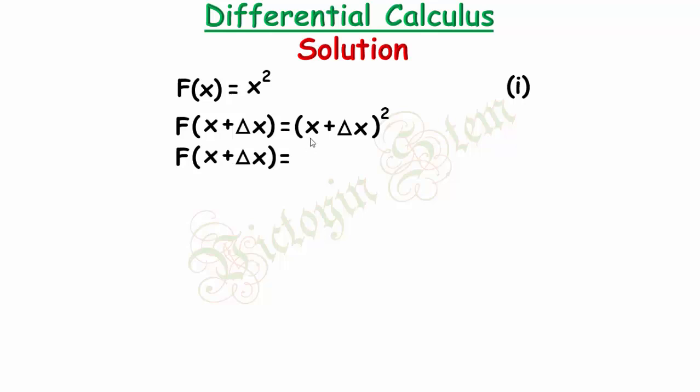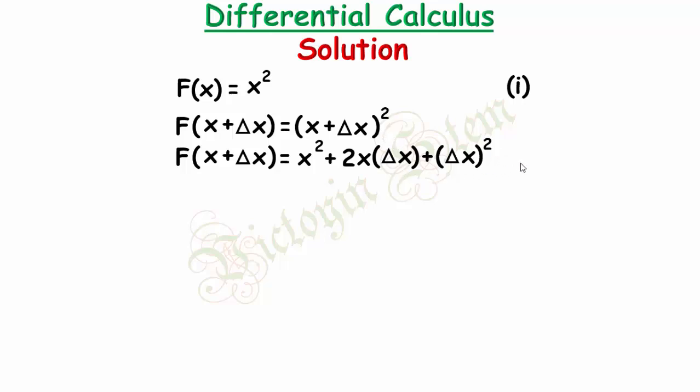I pick it one after the other. X times x is x to the power of 2, plus 2 times x times delta x. Plus times plus is plus. Delta x times delta x is delta x to the power of 2. So we've expanded the right hand side of this equation, and that gave us this.